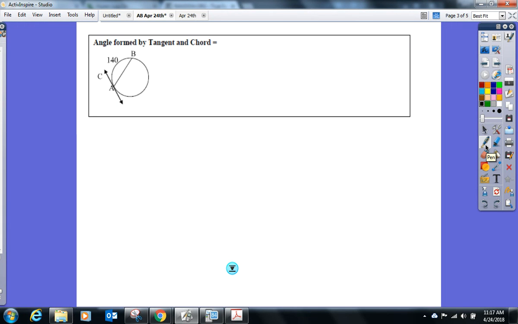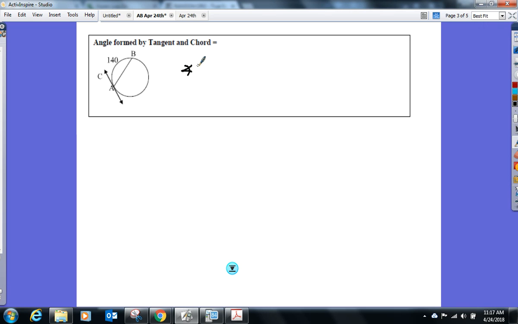Special type of angle. An angle formed by a chord and a tangent. Everyone see angle BAC? See how that is formed by a chord and a tangent. It looks like an inscribed angle, right?